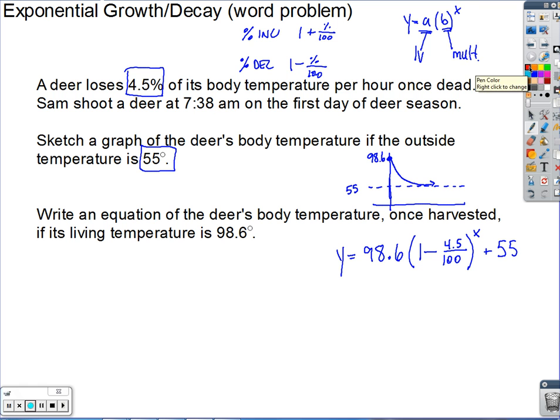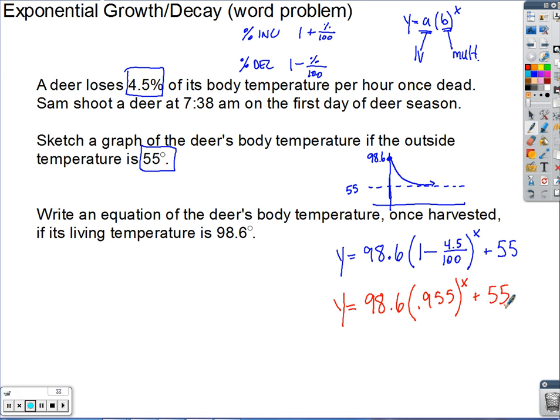Now, it would be best if we actually simplify this 1 minus 4.5 divided by 100. So we would actually end up with y equals 98.6 times. The shortcut there that some people pick up on is that you could just subtract this. So we end up with 0.955 to the x power plus 55.